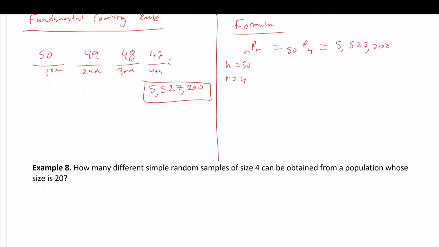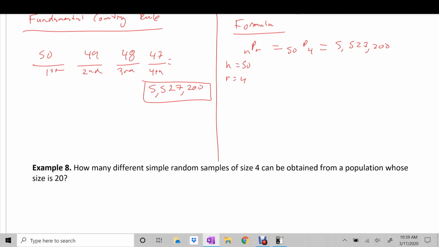All right, let's do this next one. When you're dealing with these types of problems, when you have a certain number of choices and you're only limited to choose a few, then you have to ask yourself, does order matter in the way that we're making our decisions? How many different simple random samples of size 4 can be obtained from a population of size 20?